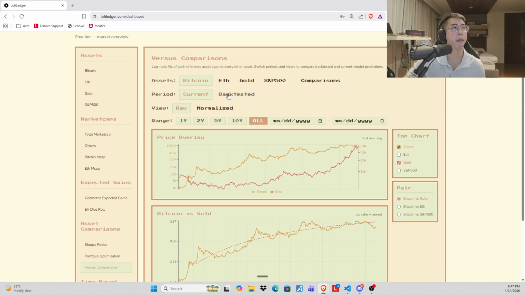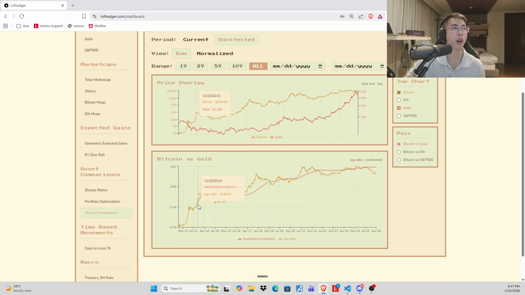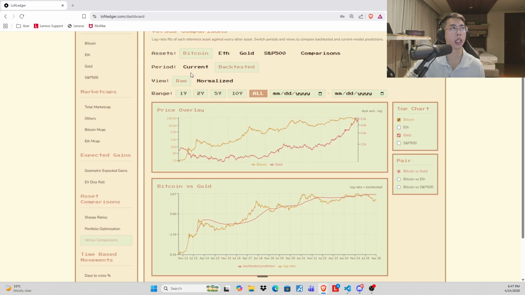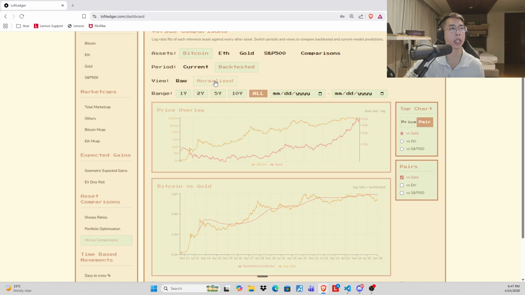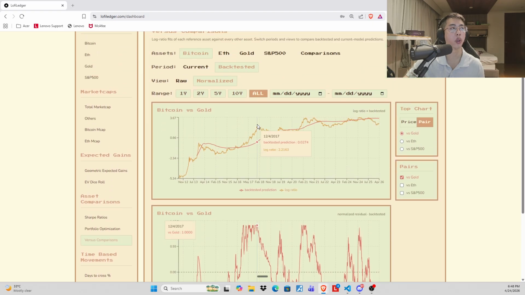So we also have a backtested tab here, which shows how the line has evolved over time. Even though it's jagged and a lot less straight than the other one, relatively it does follow the same line, and the normalized values are sort of stable.